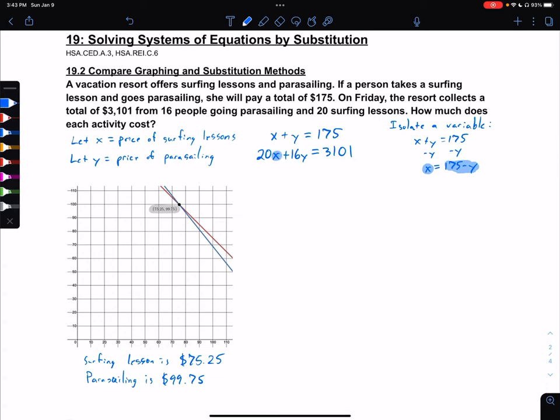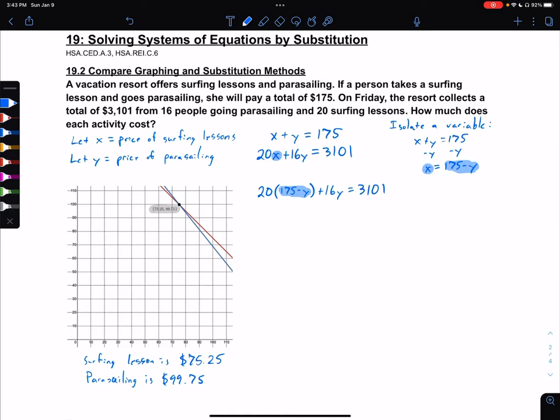Using substitution, we would do 20 times 175 minus y, substituting the x value, plus 16y equals 3,101. There's some work to do here.